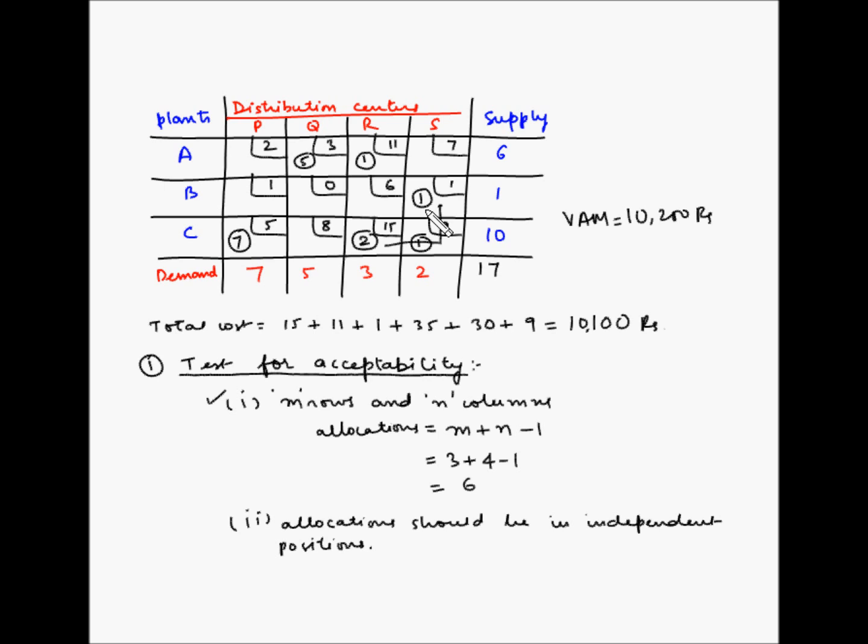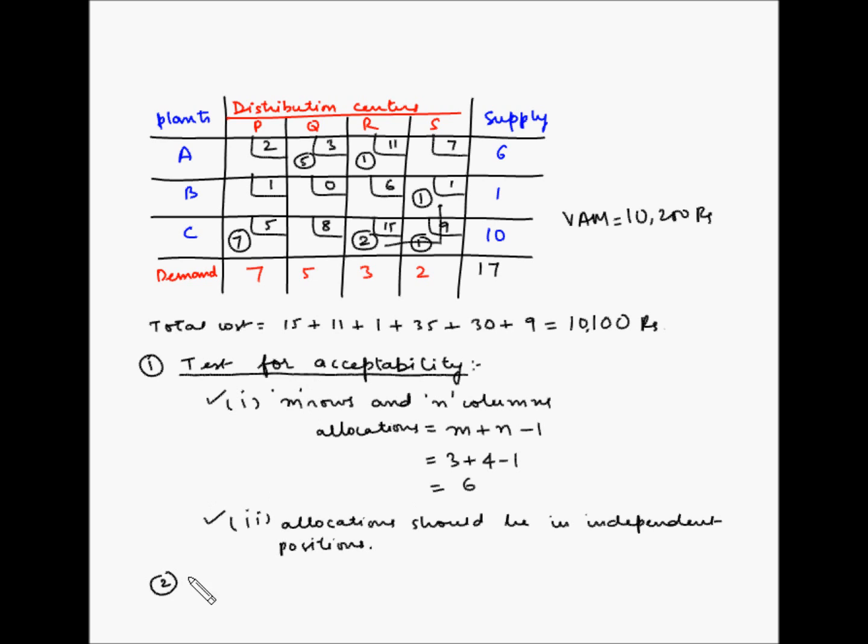So we can say that the allocation for BS is in independent position, which also means that it is not possible to change the allocation without either rearranging the positions of the other allocations or violating the capacity and demand constraints. Similarly, if you evaluate all the other allocations, you'll find that all the allocations are in independent positions. So our second condition is also met. So this solution has passed the test for acceptability, and now we can proceed to test for optimality.